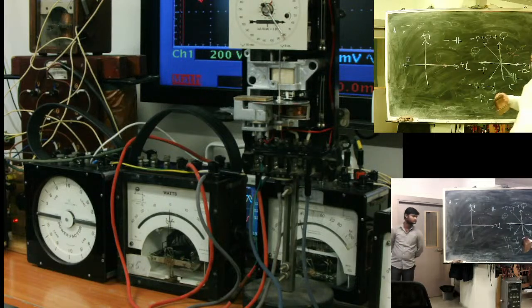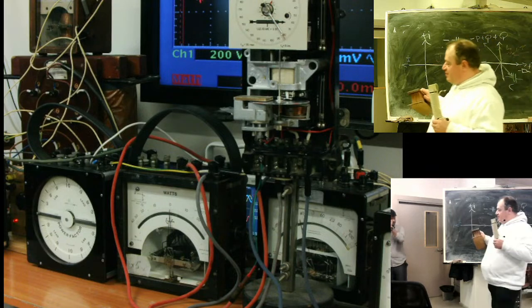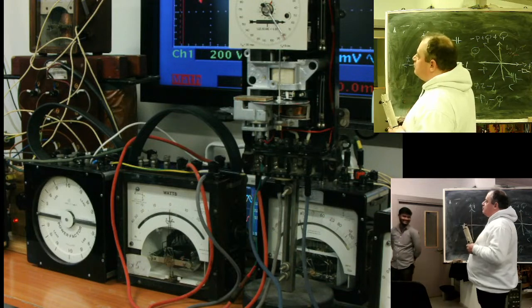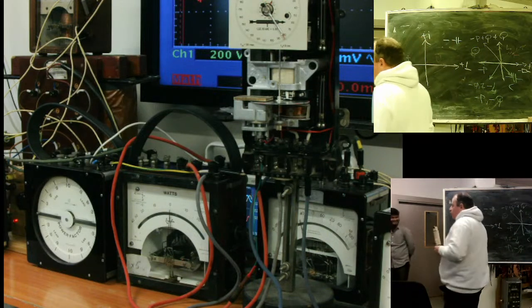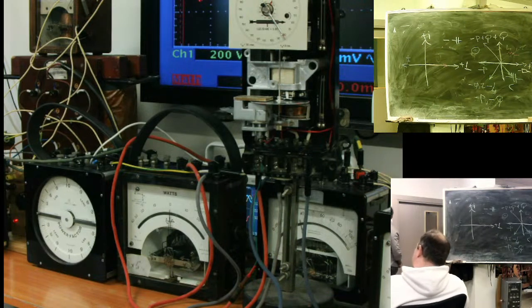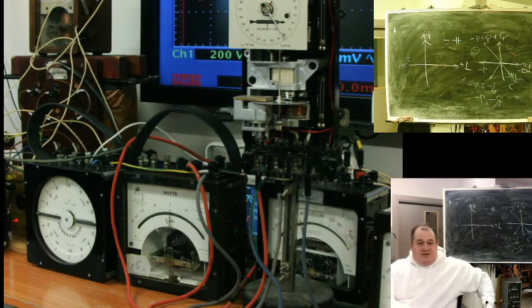Red or white? White. What comes first, voltage or current? The current is lagging, the voltage is... Really? Lagging? Serious?